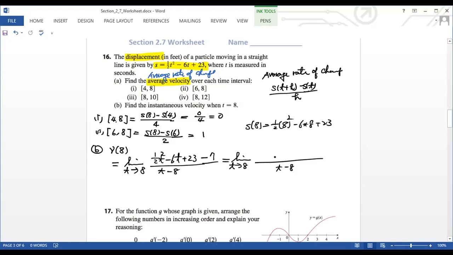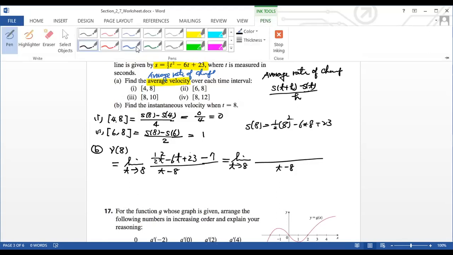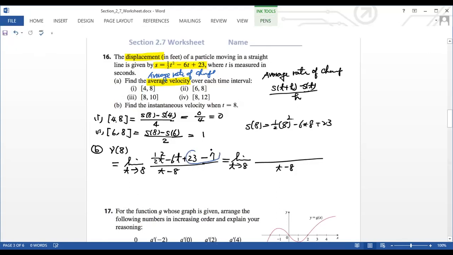So now you will have 1/2, and let me save some steps here. So this will give you 16, right? Okay, so now I can factor the 1/2 out. So this is t squared minus 12t, and this is 16, so it's 32, right?